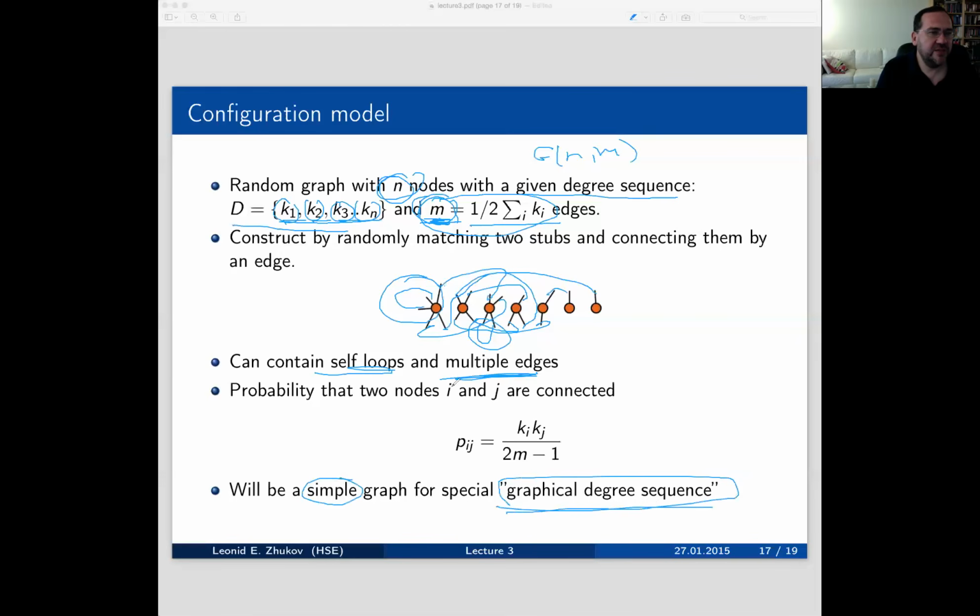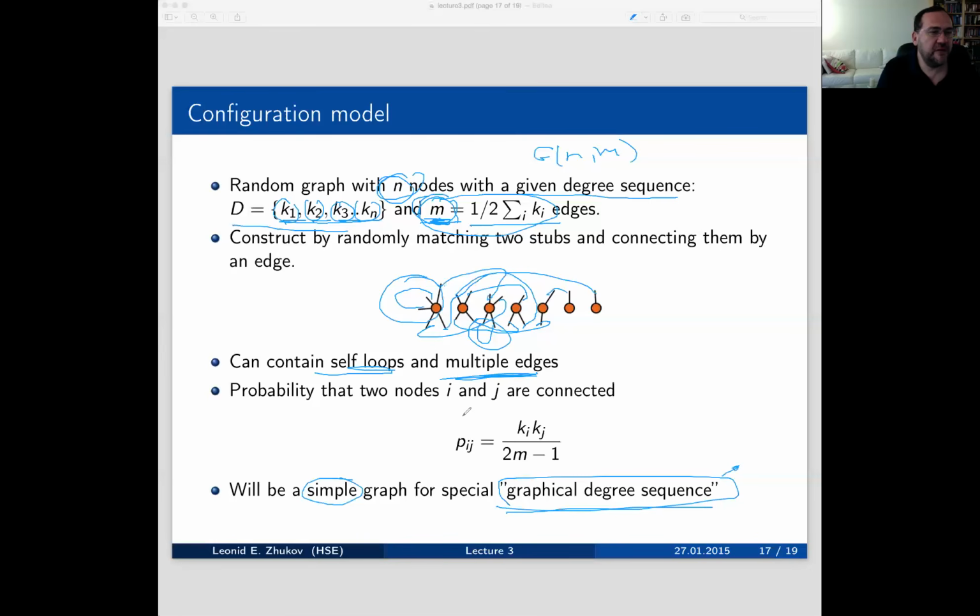First of all, even if we build a graph without following this, the probability of having self loops and multiple edges will be quite small. And the other reason is that we'll be taking the degree sequence from real graphs, those that already do not have loops and multiple edges, and we'll be using it to seed the random graph. We'll see it on the next slide.